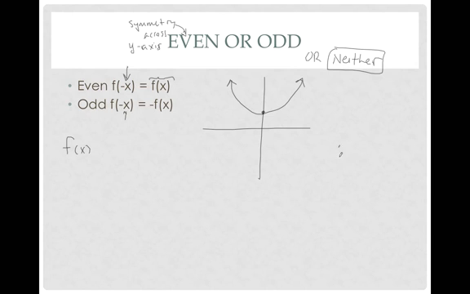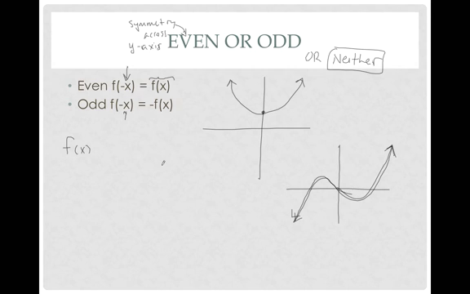Whereas an odd function would be a cubic function. There's more than just cubic functions, by the way. Would be a cubic function that looks like this, where I can rotate this graph 180 degrees around. I could flip this over, and I would get the exact same looking graph. And you'll notice that this upward bump would go downward there.